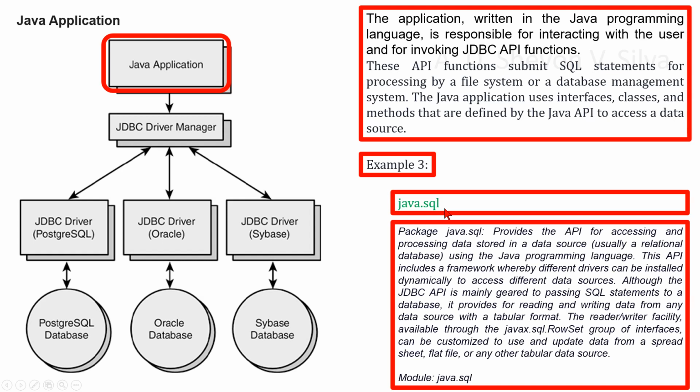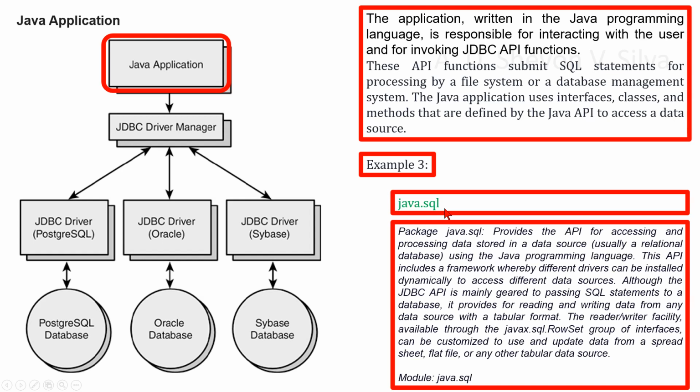Next point is standard mappings for SQL types to classes and interfaces in the Java programming language: Array interface, Blob interface, Clob interface, Date class, NClob interface, Ref interface, RowId interface, Struct interface, SQLXML interface, Time class, Timestamp class, and Types class.